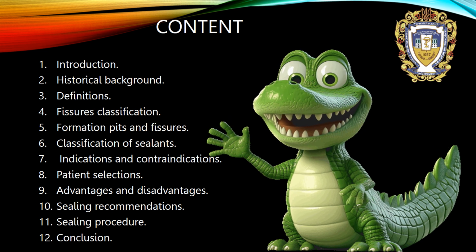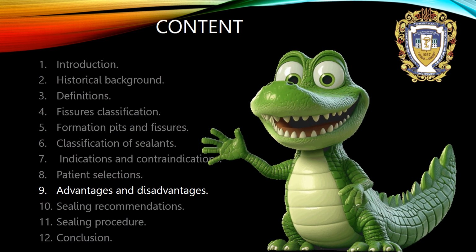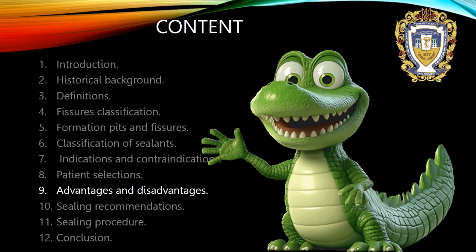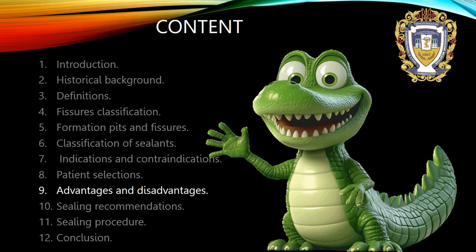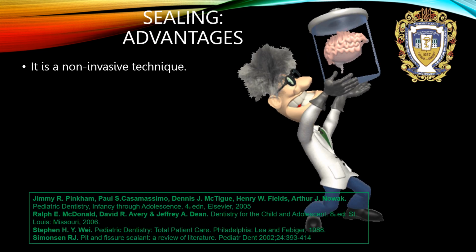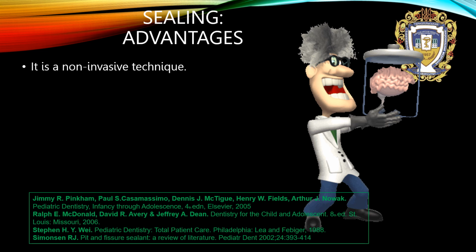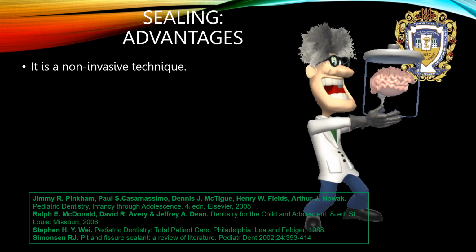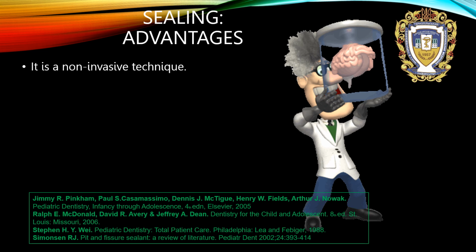We talked about patient selection, and now let's talk about advantages and disadvantages of pit and fissure sealing. Advantages of sealing: it is a non-invasive technique. It is a very big advantage.